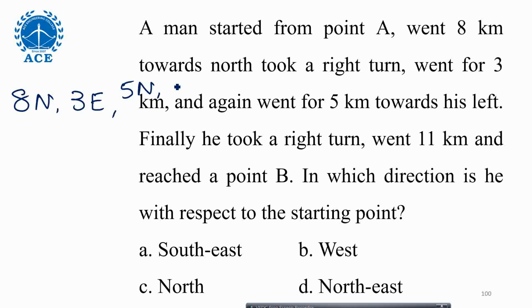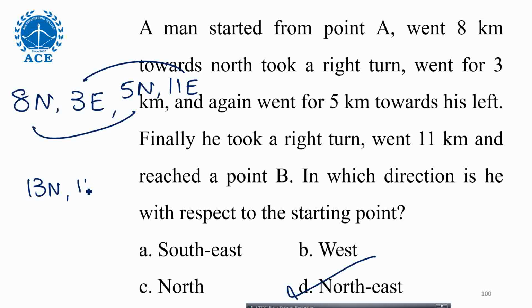Finally, he takes a right turn, means east. So definitely northeast will come. We discussed the same question. I remembered it. Root of 13 squared plus 14 squared we got. Northeast. Same question already covered. It's northeast. Directions related.